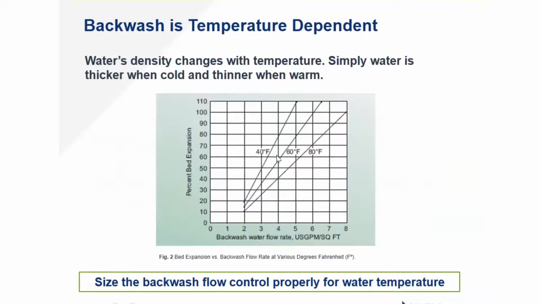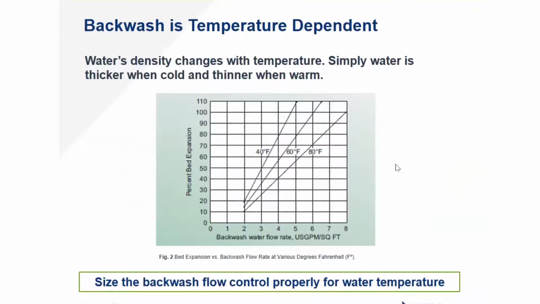But if we were, let's say, in northern Minnesota, where we have cold water temperatures all year round, you may be as low as a 3.5 GPM backwash flow control.